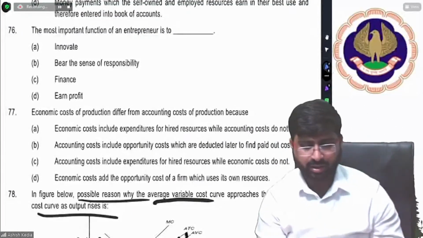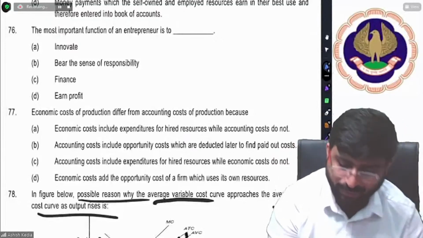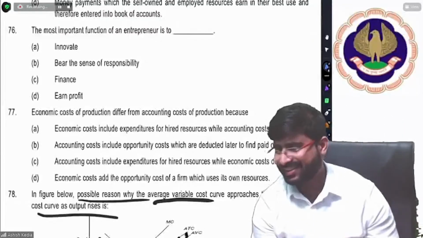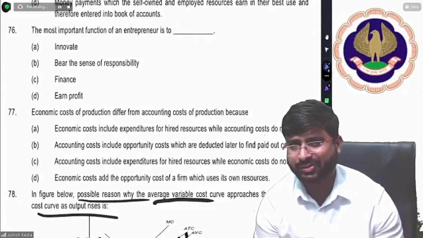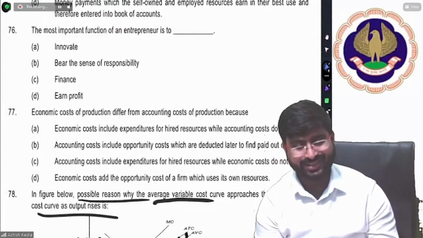Economic cost of production differs from accounting cost. Very good question, question 77. Why? Because, come on, see this and answer me.